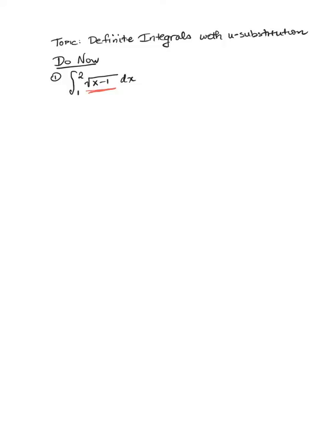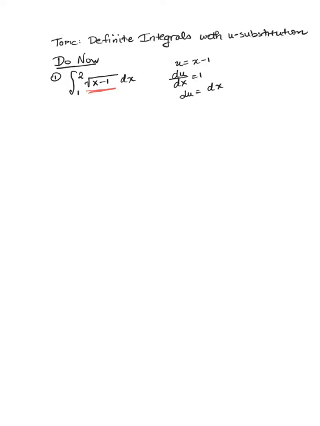Okay, let's go over how to do this problem. Well, ignoring the limits of integration and looking at the integral of the square root of x minus 1, this is the composition of two functions, and we did say that with u substitution, we let u equal the innermost function. So we let u equal x minus 1. We differentiate it. du/dx here is just 1, and we bring the du by itself, the dx on the other side, and du equals dx.